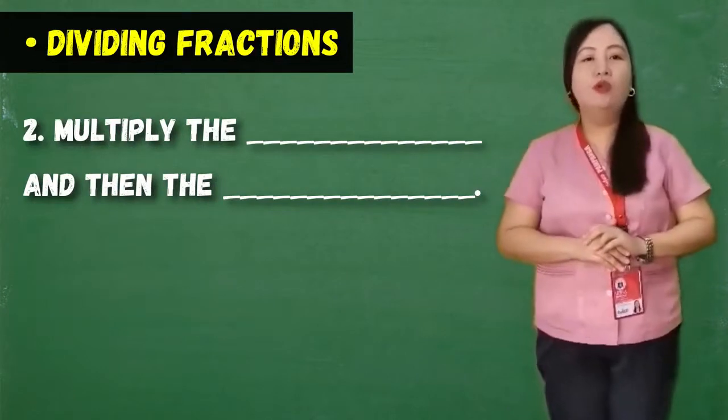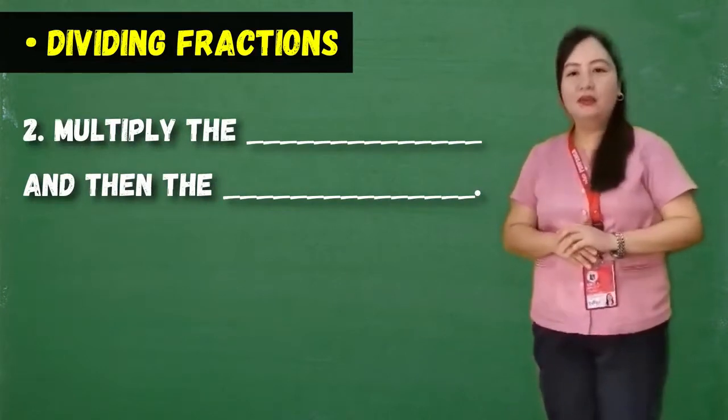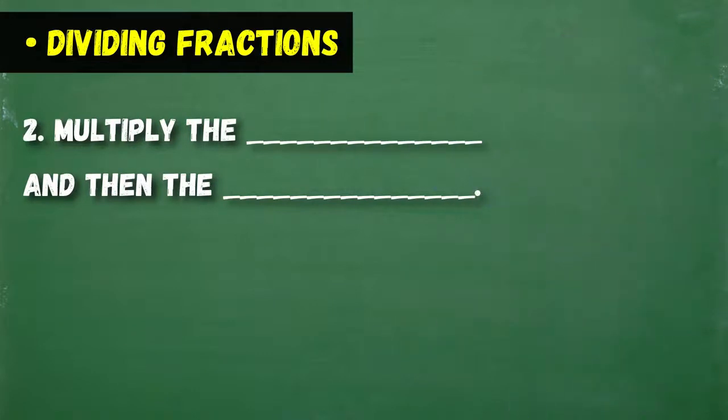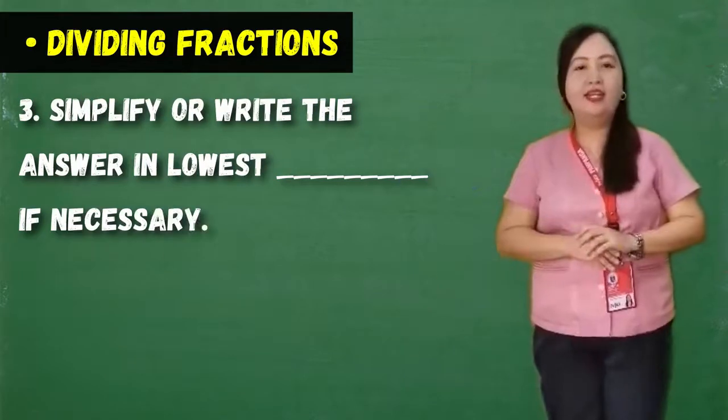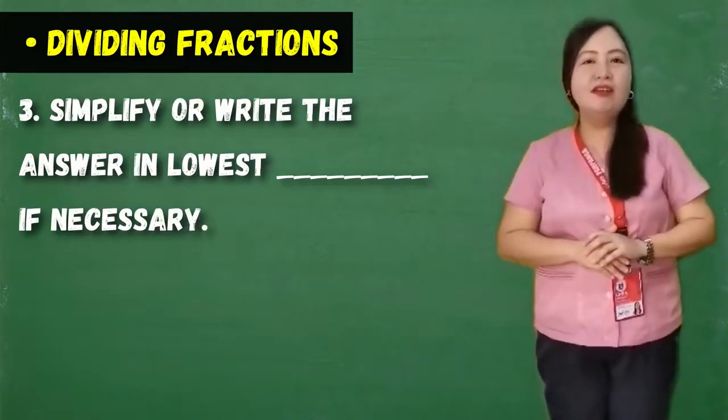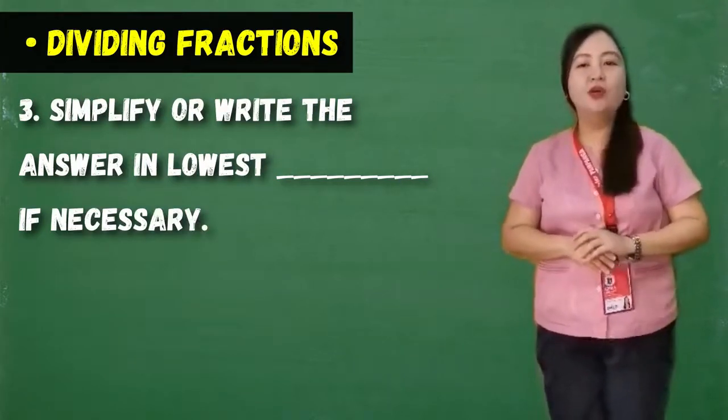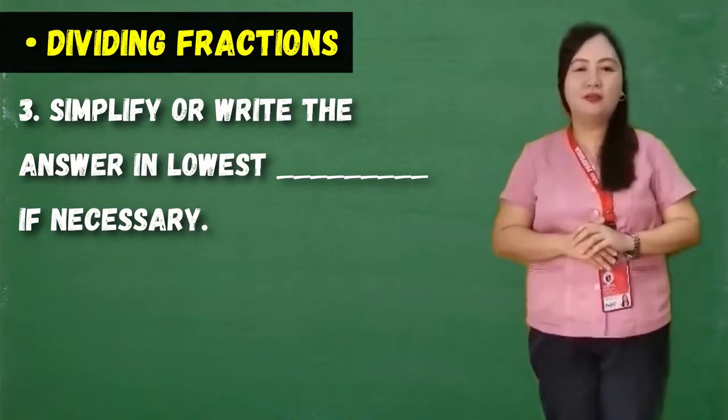Number 2, multiply the blank and then the blank. And number 3, simplify or write the answer in lowest blank if necessary.